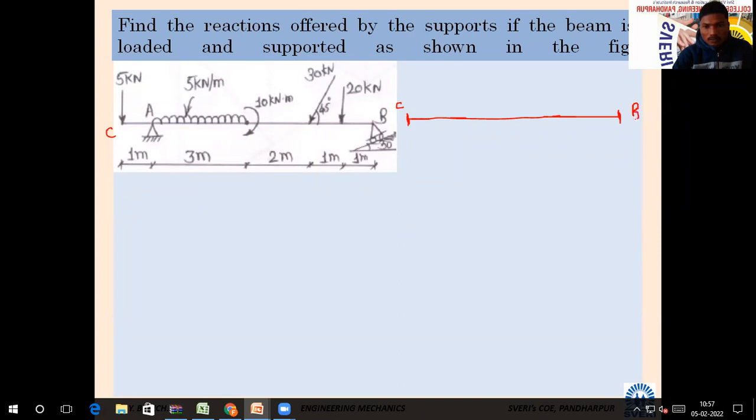No, it will not be. How many reactions will be there at point A? Two reactions. I will take R_A and R_B. Here I will give point A.